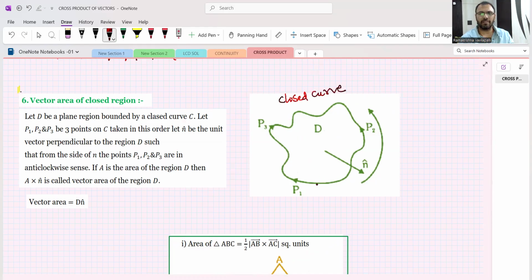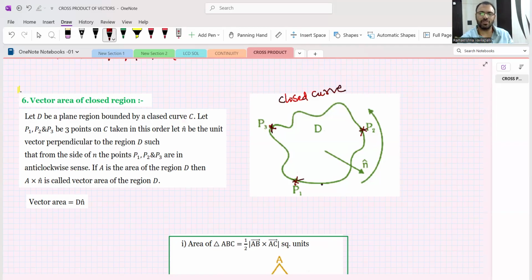On this closed curve, I have taken 3 points, that is P1, P2 and P3 in anti-clockwise direction, and this is the outward drawn normal vector. Like this, a plane is there, and this is the normal to the region. If the region is like this, then this is the normal to the region.